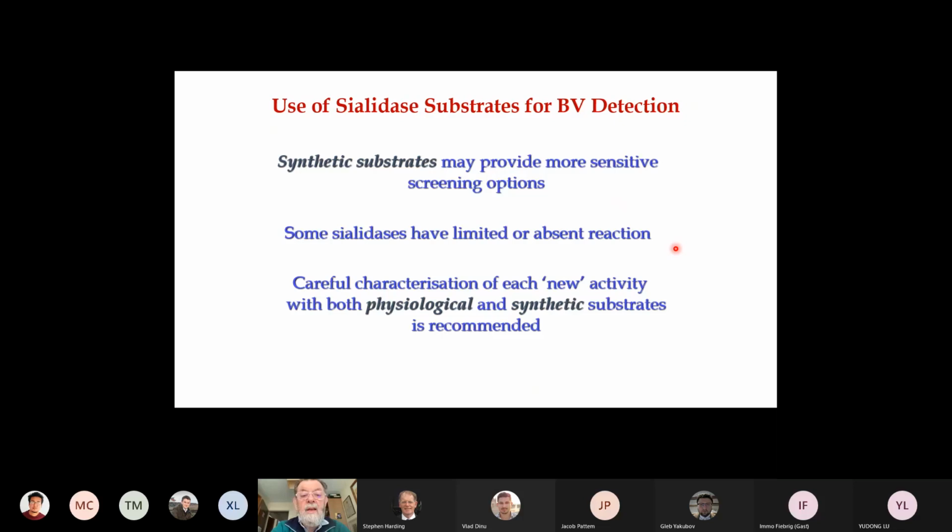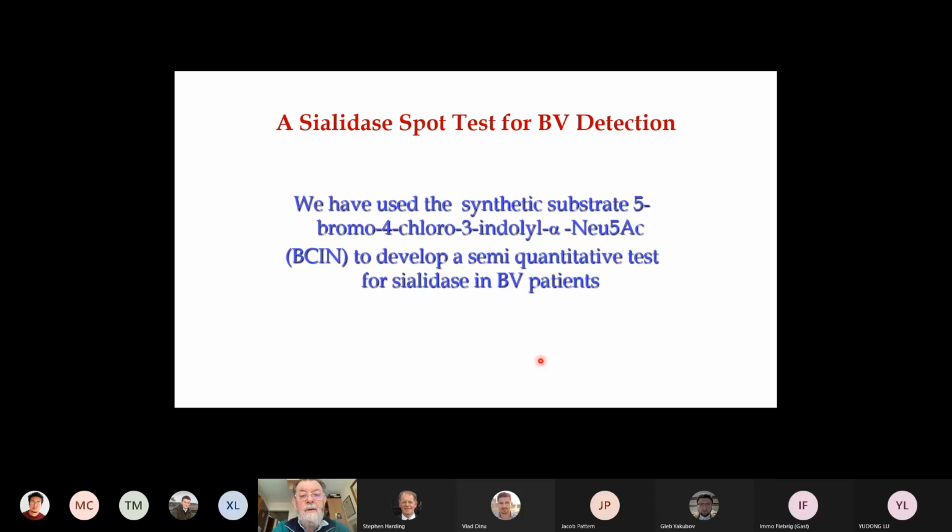So each time we come up with a new activity that we want to analyze, we should go for both the physiological and the synthetic substrates. That's the idea that we adopted, and that's what we actually did. What we used for routine detection is this bromochloroindolol sialic acid, and we used that to develop a semi-quantitative test for sialidase in BV patients.